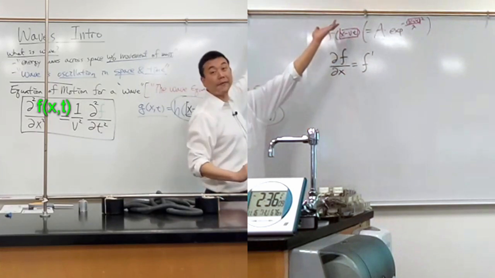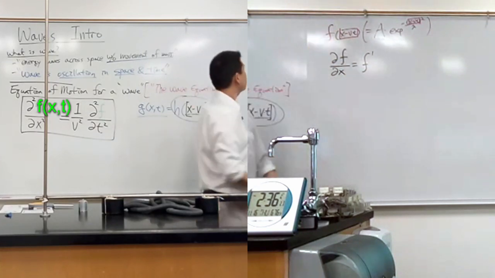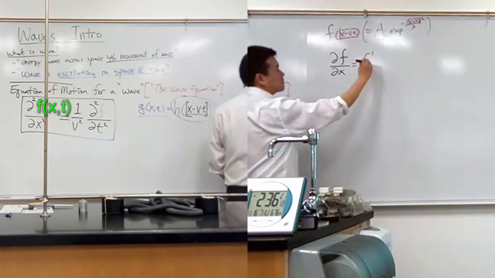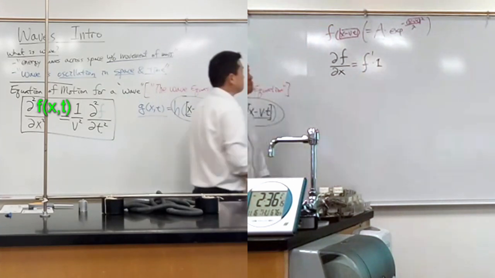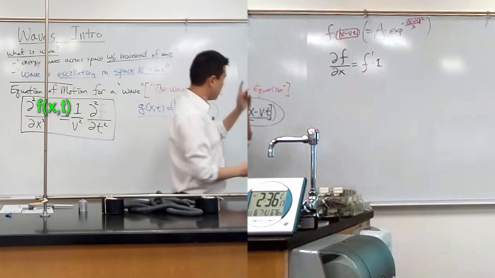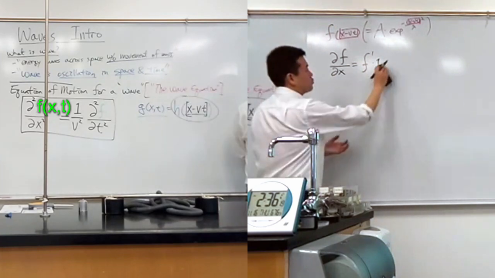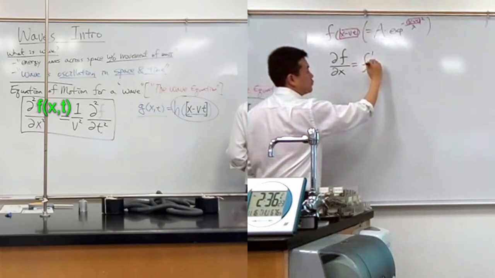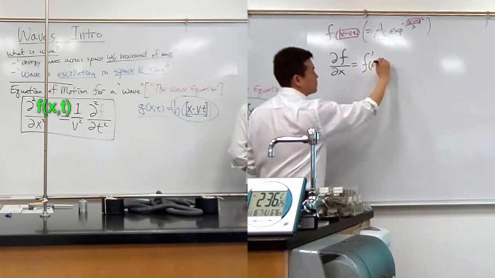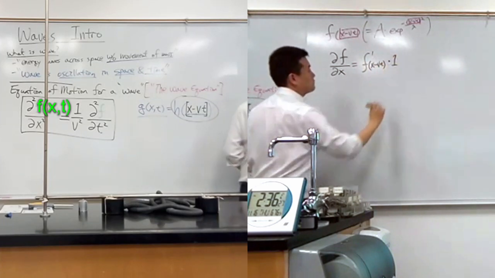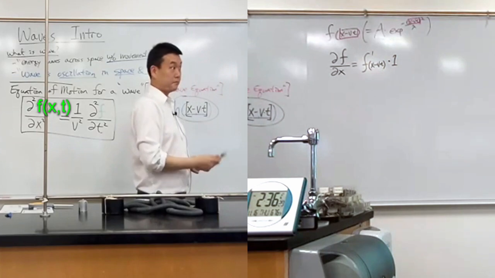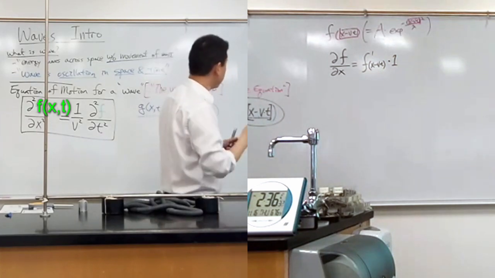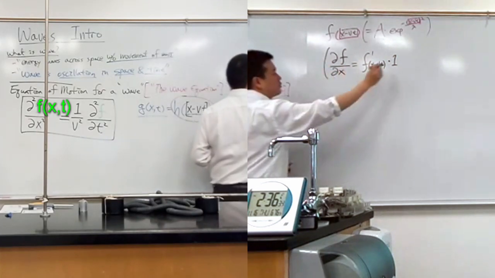Well, I guess that's just one. So that's just f prime times 1. But let me clarify: this would be f prime, a function of a single variable, where the input of that variable is x minus vt, times 1. Okay, I need a second derivative, so let me take one more derivative.